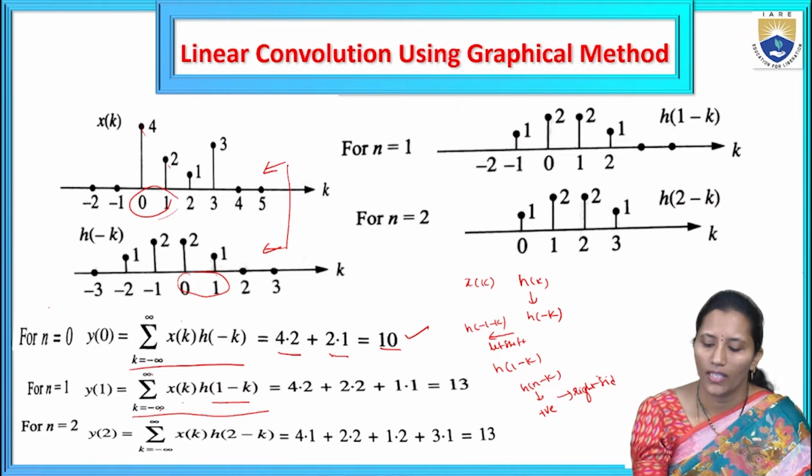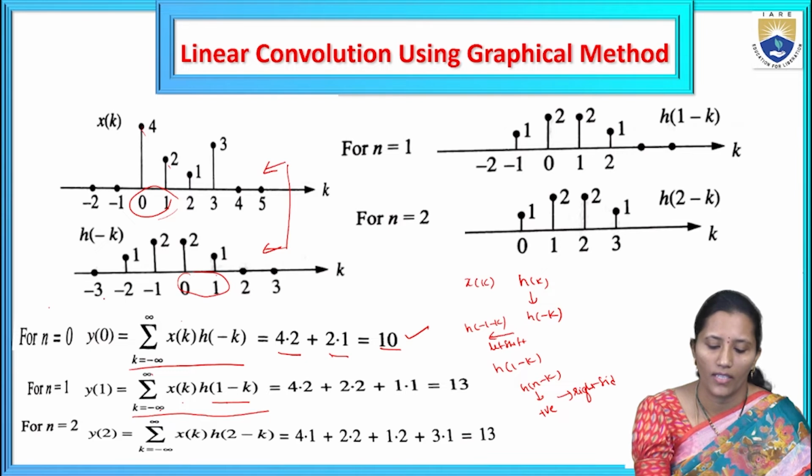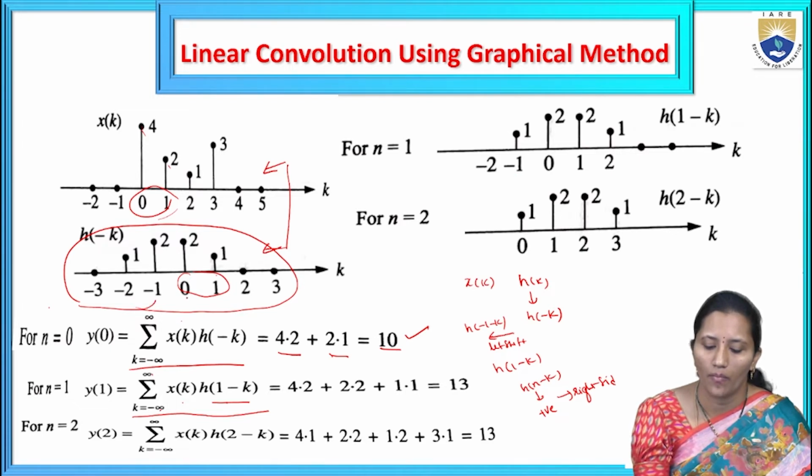So see here, for n is equal to 1, whatever h of minus k is there, this sequence will be shifted to the right side. So the minus 2 sample will come to minus 1 and the minus 1 sample will come to 0. It is shifting to the right side by n units, and n is 1 here.